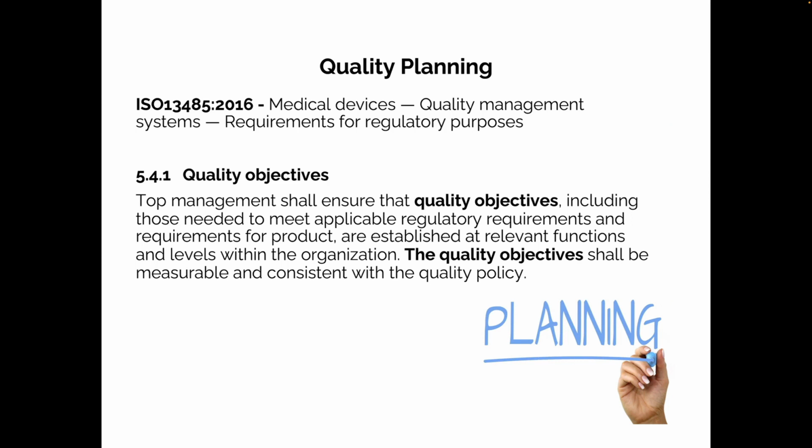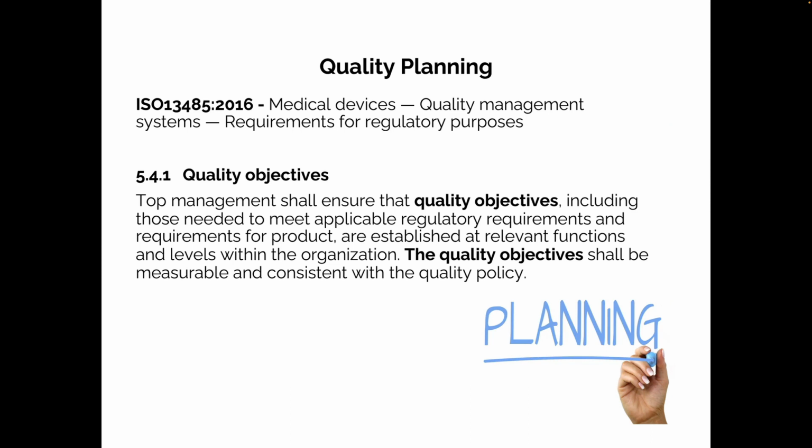So quality planning is talked about in the 13485 standard in terms of requirements for regulatory purposes in terms of the QMS. So under section 5.4.1, quality objectives, quality management shall ensure that quality objectives, including those needed to meet the applicable regulatory requirements and requirements for product, are established at relevant functions and levels of the organisation.